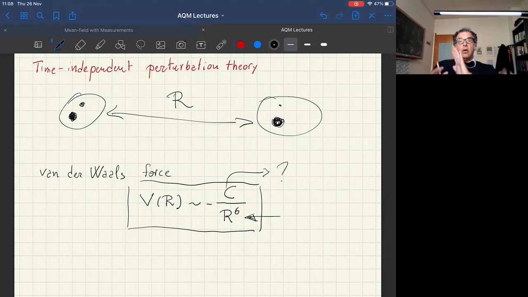Okay, so this example has several important byproducts for you and for this course. First of all, we learn some new physics, if you wish.